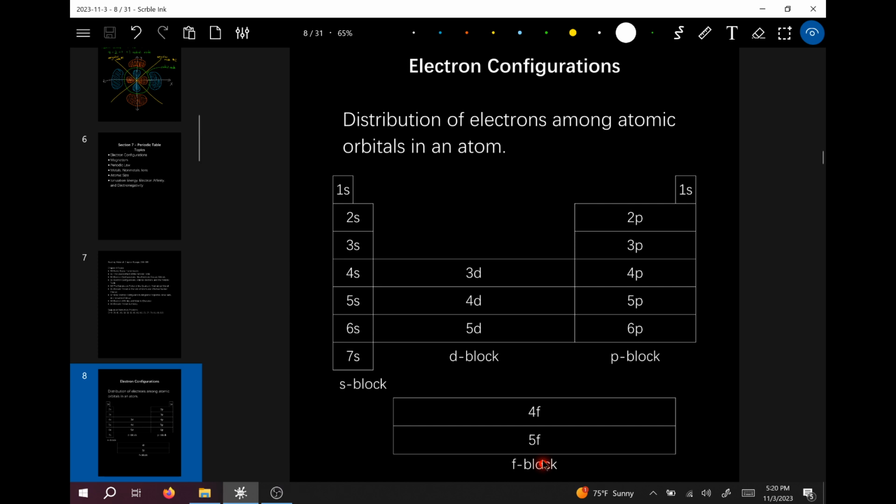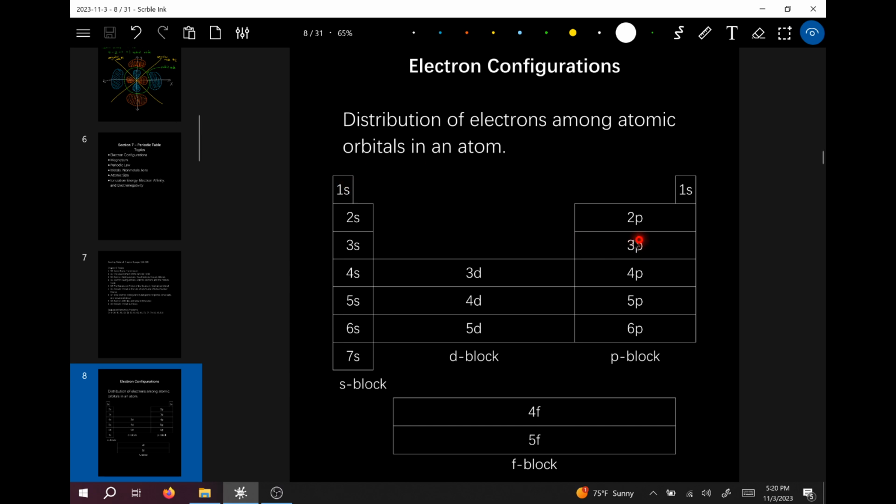Now, in an effort to make sure I don't confuse you here, if I were to choose an element over here, let's say it's in the 3p section of the periodic table, it doesn't mean that this element only has 3p orbitals. In fact, what it has is all of the previous orbitals as well.